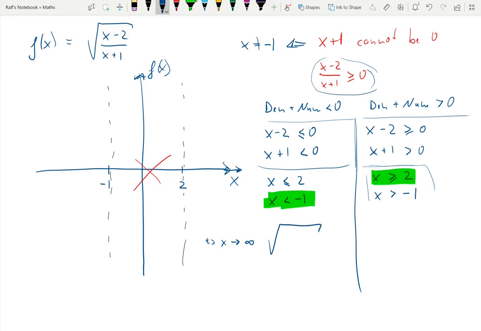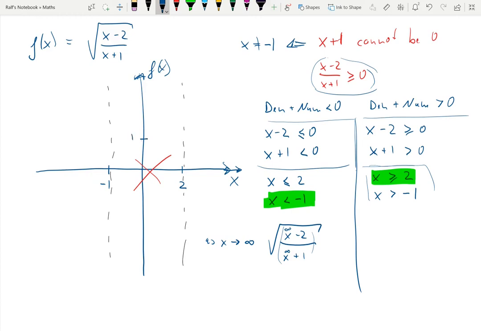So we have the square root of x, which is very large, so think of infinity here, minus 2, divided by x, which goes to infinity, plus 1. What you can see is that if x becomes very, very large, the -2 and the +1 are almost irrelevant, but the numerator is slightly smaller than the denominator, so that entire ratio is going to be slightly smaller than 1. And the square root of something slightly smaller than 1 is also something slightly smaller than 1.